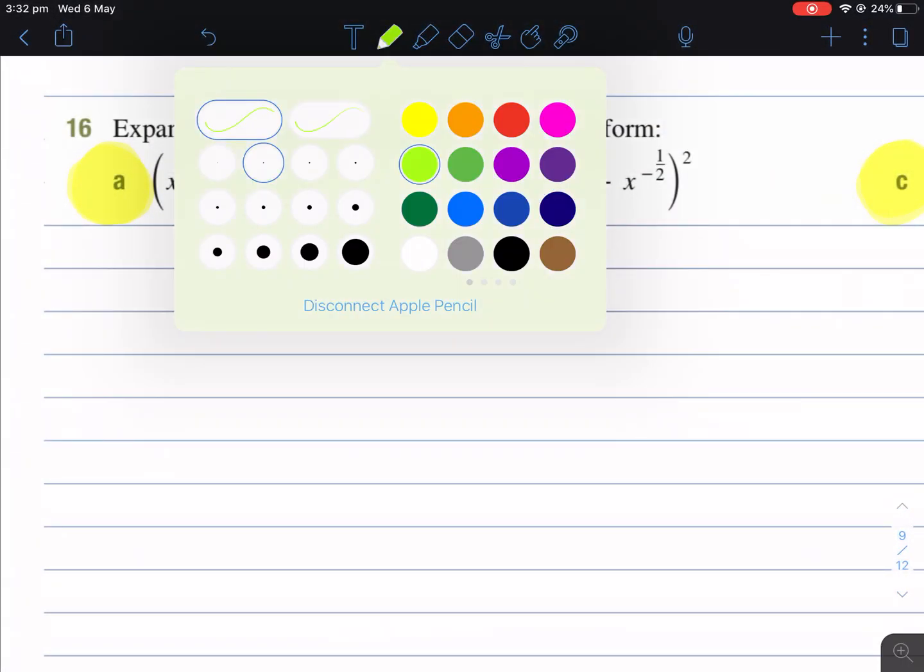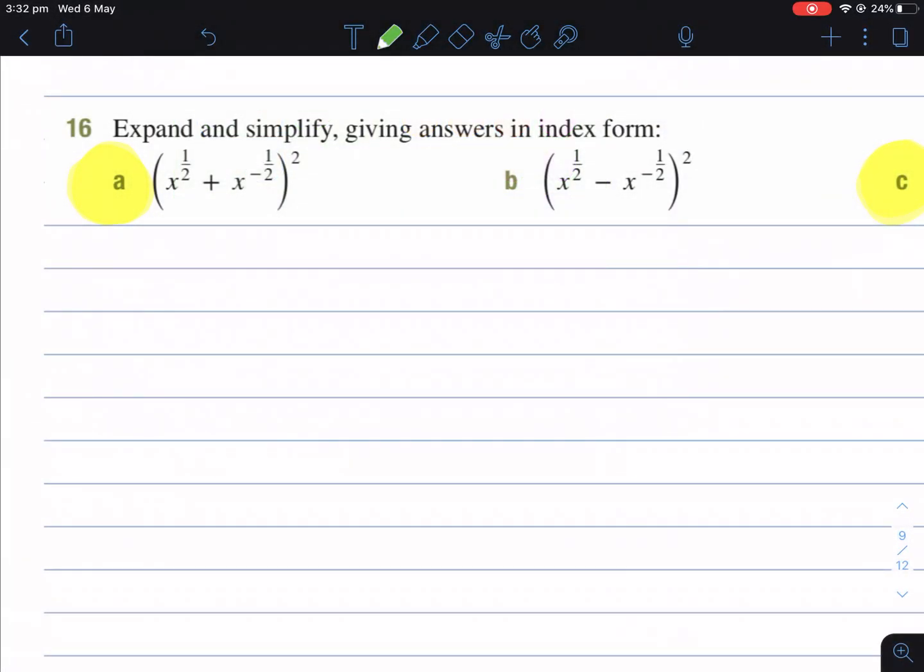Don't forget, if I've got (a + b) all squared, then that comes out as the first thing squared plus 2 times the first thing times the second thing plus the second thing squared. So this is x to the half squared plus 2 times x to the half times x to the negative half plus x to the negative half squared.